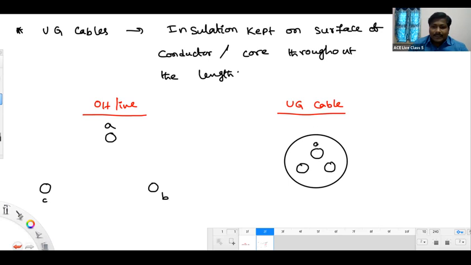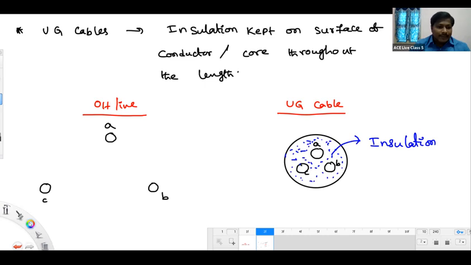On the surface of each of these A, B, C conductors we keep a special insulation material. This is the insulation, or you can say dielectric material.